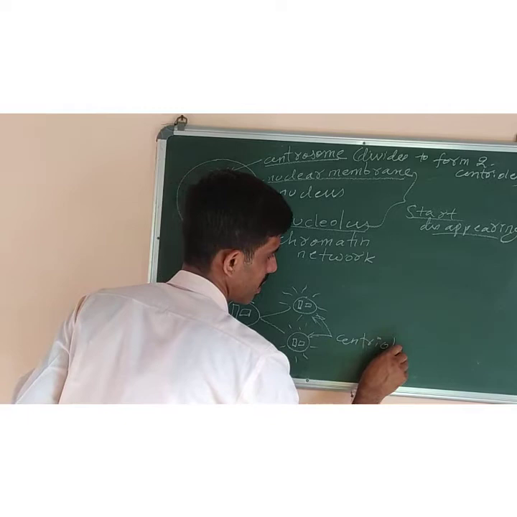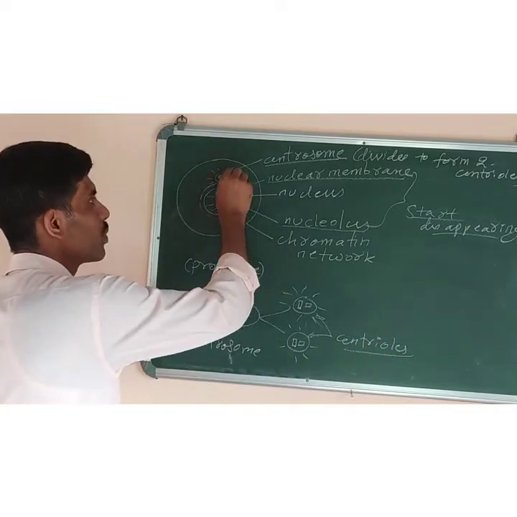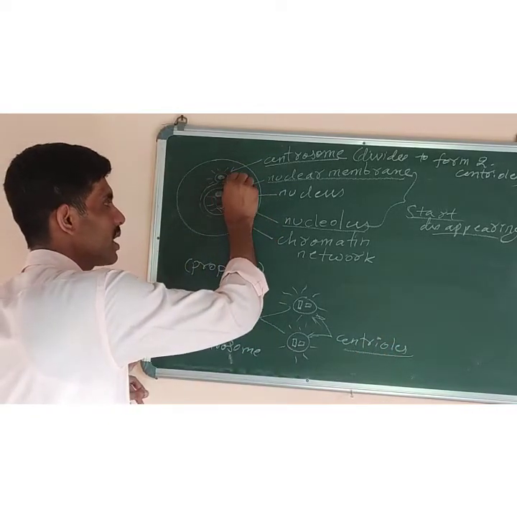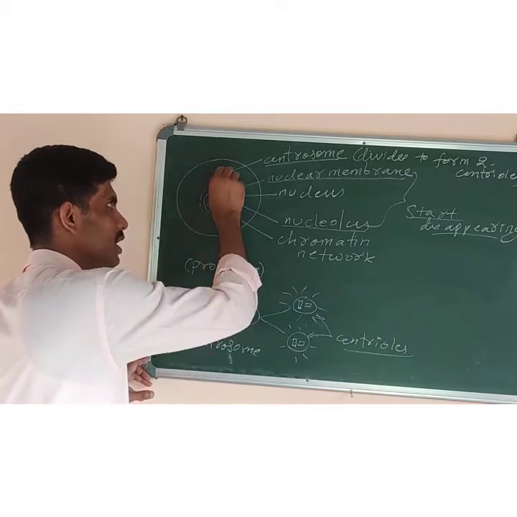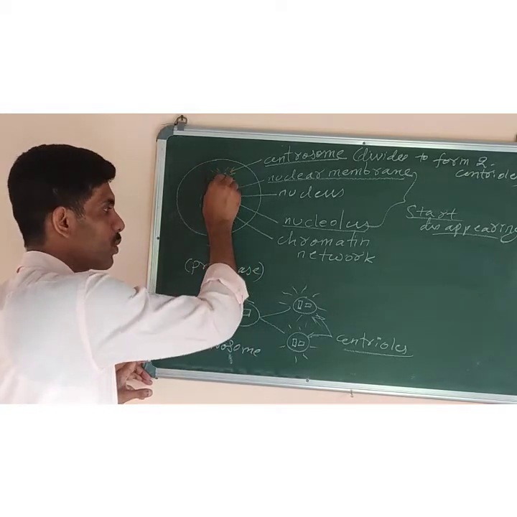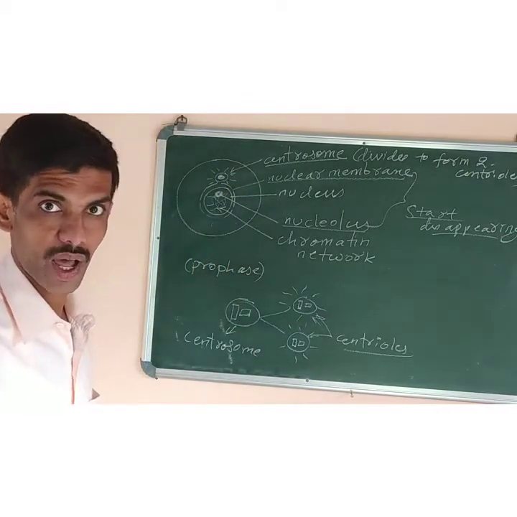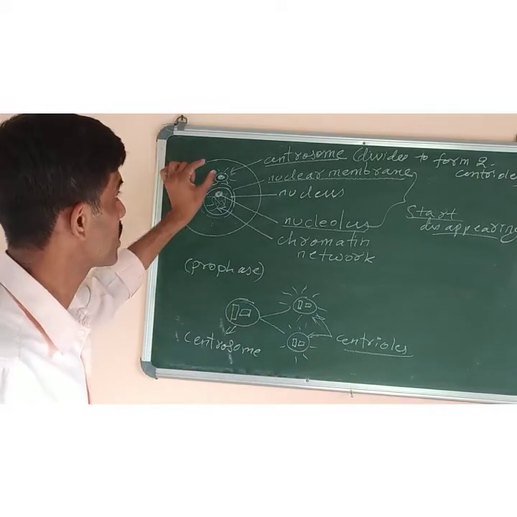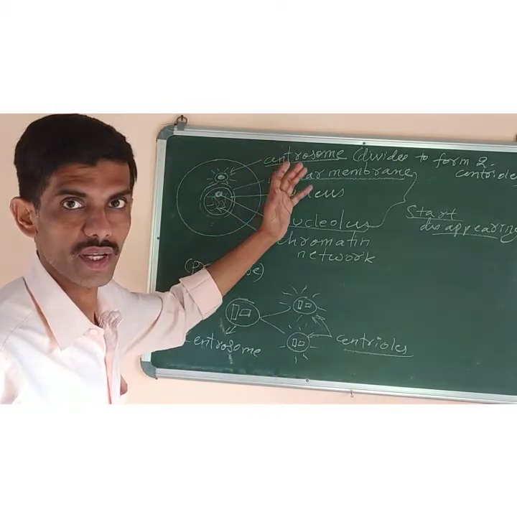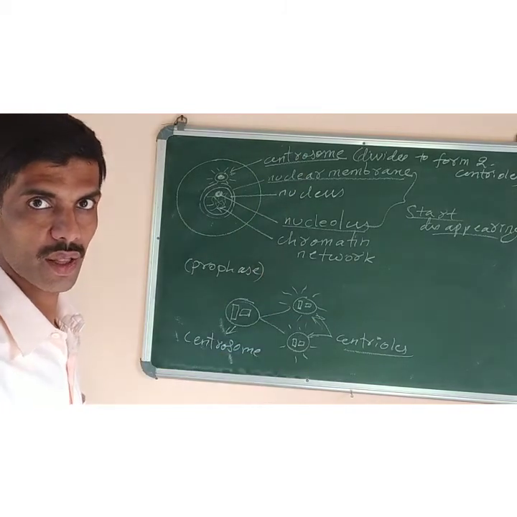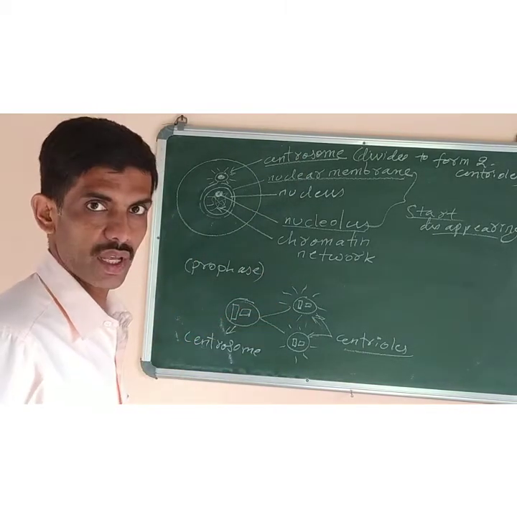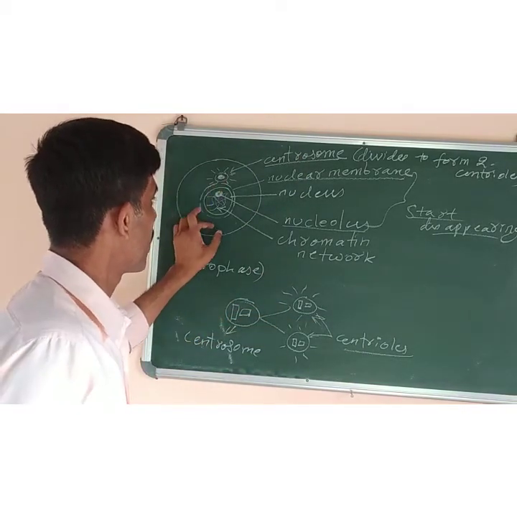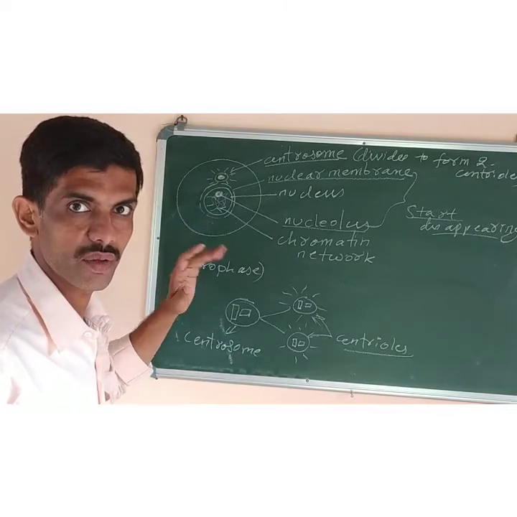Centroids. These centroids will start moving towards opposite poles. Like one is here, the other one will start moving towards this pole, opposite pole. If it is in the north pole, this one will come to the south pole after division. Means what happens? This centrosome divides, duplicates, it replicates, you can say, isn't it? It makes two copies. One remains there only and one goes to the opposite pole.